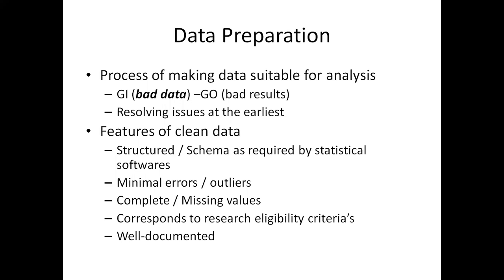And the last part is documentation, where you have an adequate description of all the information that goes into your data. If you have taken care of these main aspects, then there's a high chance that the data you use for your statistical analysis will be clean and can be readily analyzable.